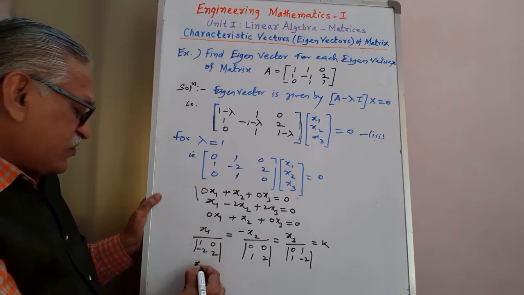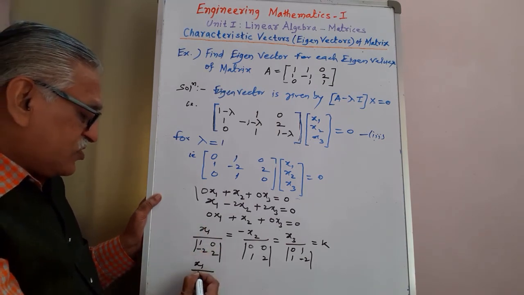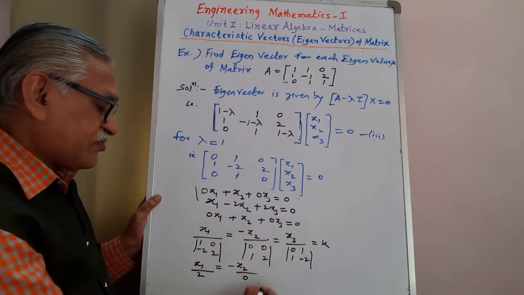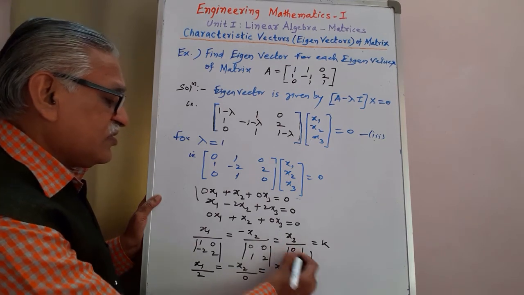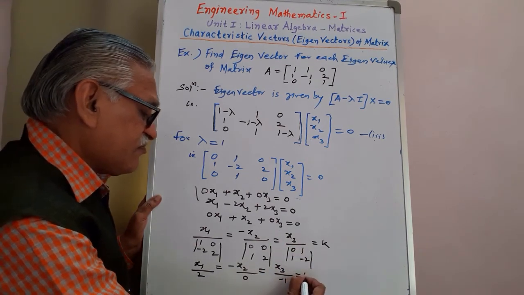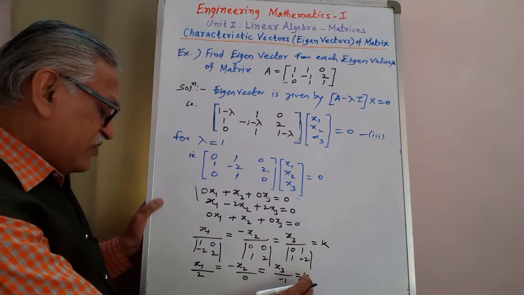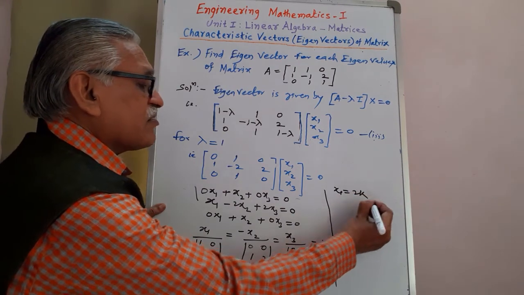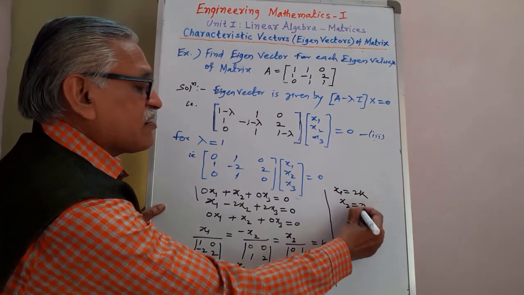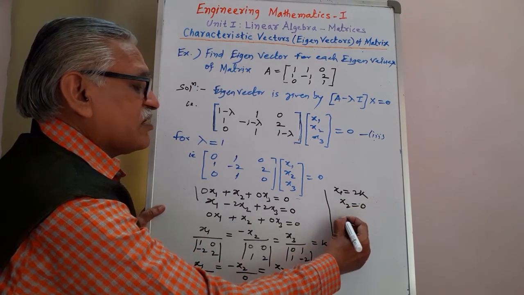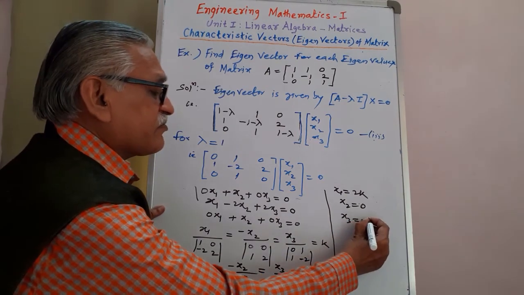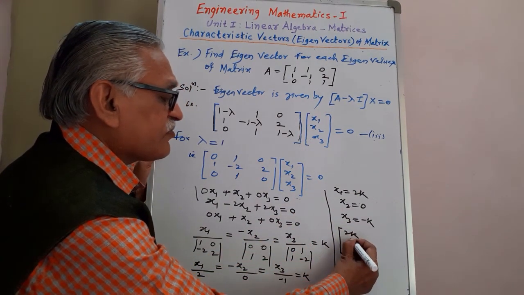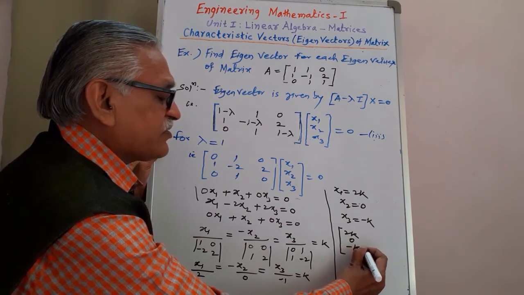Therefore we have x1 divided by 1 into 2, 2 minus 0 we get 2, x2 upon 0 minus 0, x3 upon 0 minus 1 equals k, and equating each to k we get x1 is equal to 2k, x2 is equal to 0k, and x3 is equal to minus k, and then that eigenvector is 2k, 0k and minus k.